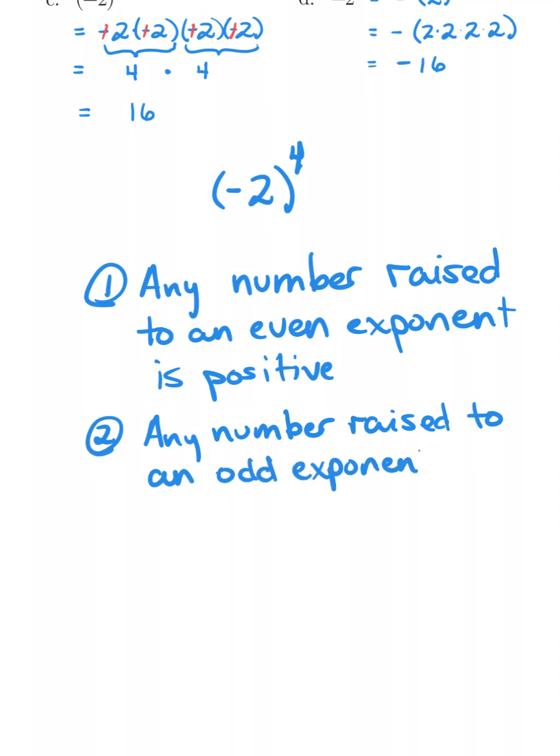It is going to keep its sign. So if you raise a positive number to an odd exponent, it stays positive. And if you take a negative number and raise it to an odd exponent, it stays negative.